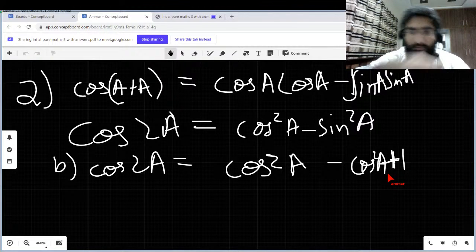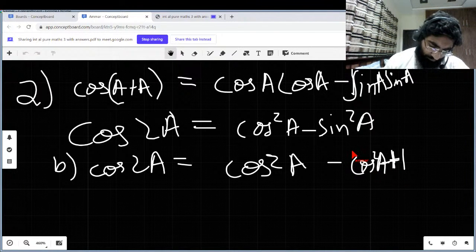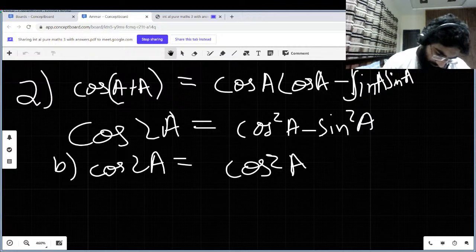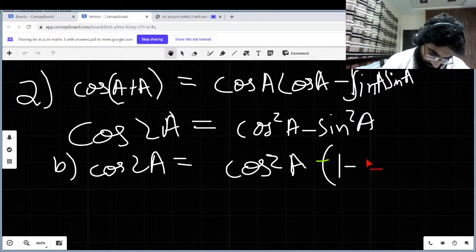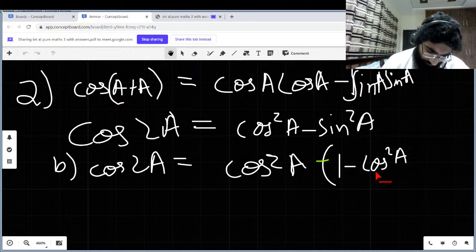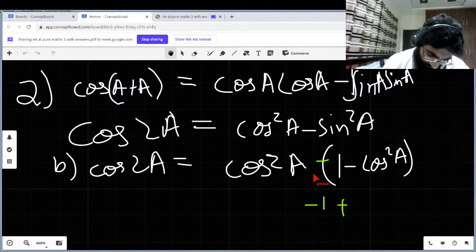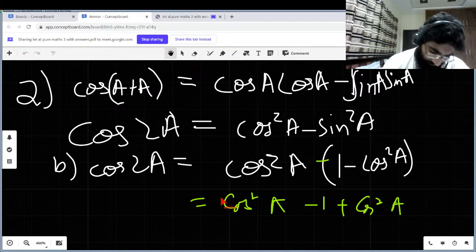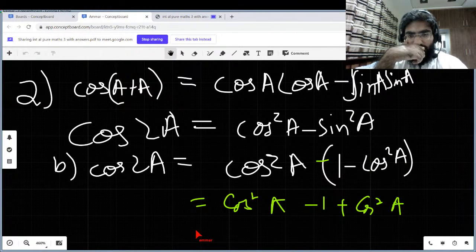So now when you remove this bracket, it will become minus 1 and plus cos squared A, which adds to this cos squared A. Okay. Next.